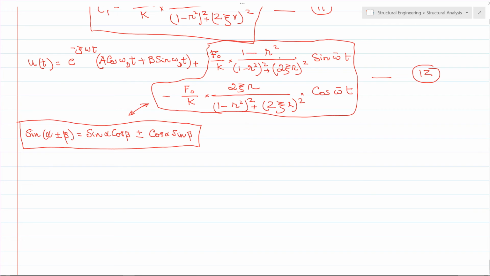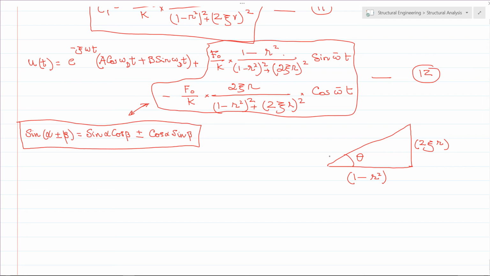If this term comes out to be like a cos and this like a sine, that means if I can draw a triangle, let it be theta. So what will be the result? Say 1 minus r square is the base and 2 xi c r is the perpendicular.